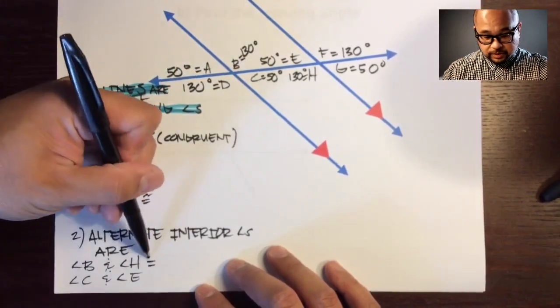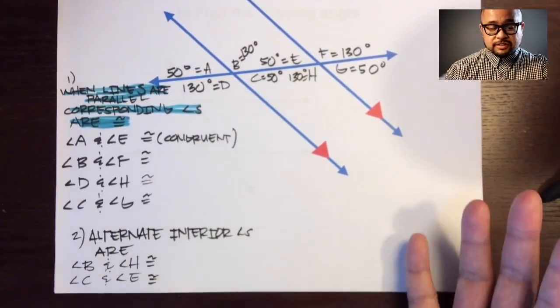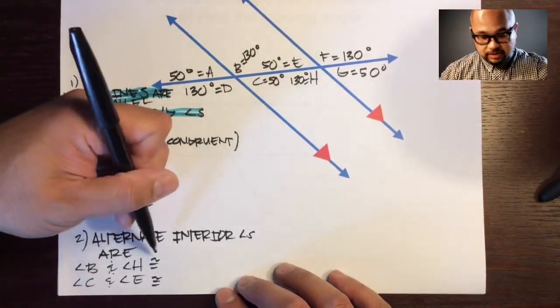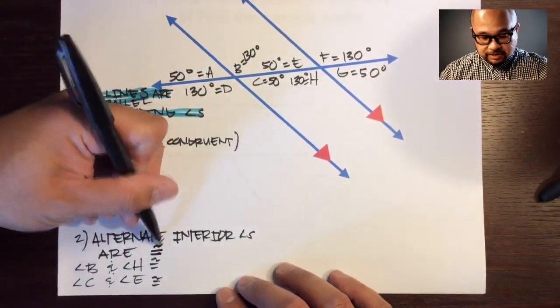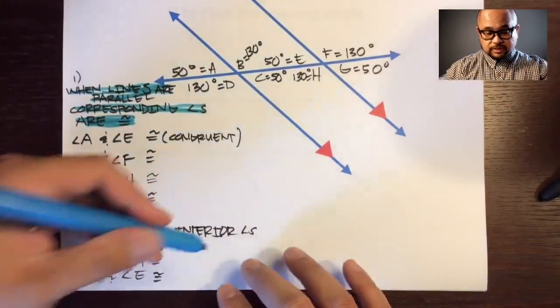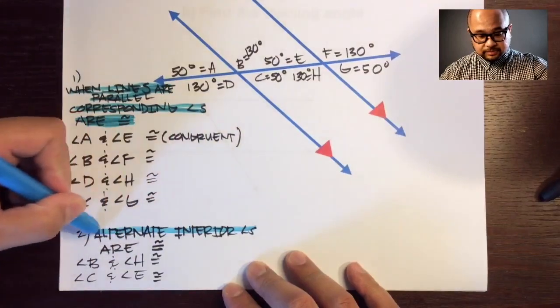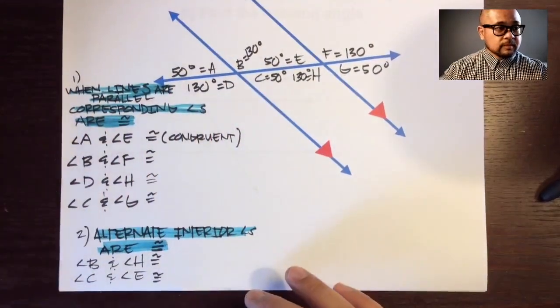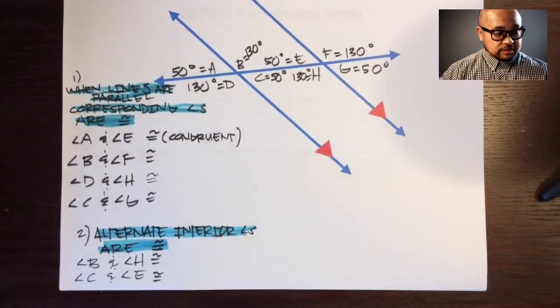So they're both congruent. All the alternate interior angles are congruent when these lines are parallel. All right, that's fact number 2.